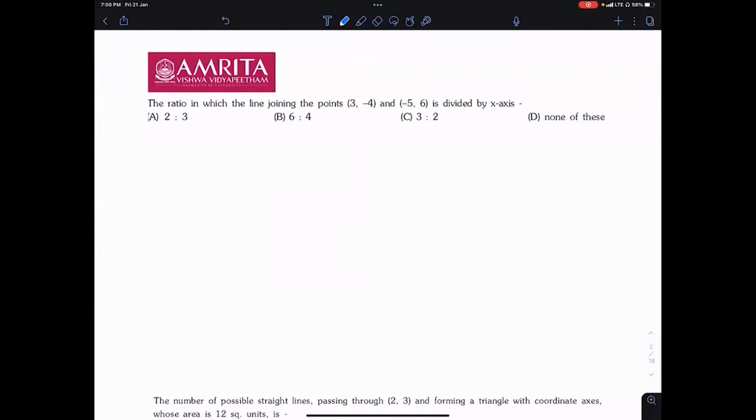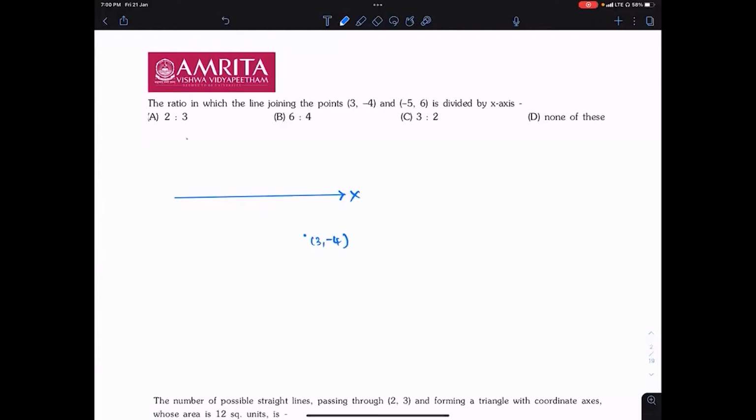See, the question is the ratio in which the line joining the points is divided by the x-axis. So there is this x-axis, and these are the 2 points. 3 comma minus 4. Since the y coordinate is negative, clearly it is below the x-axis.